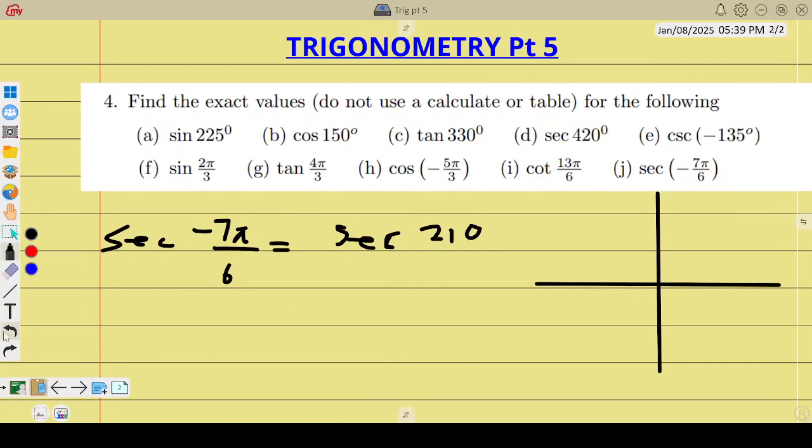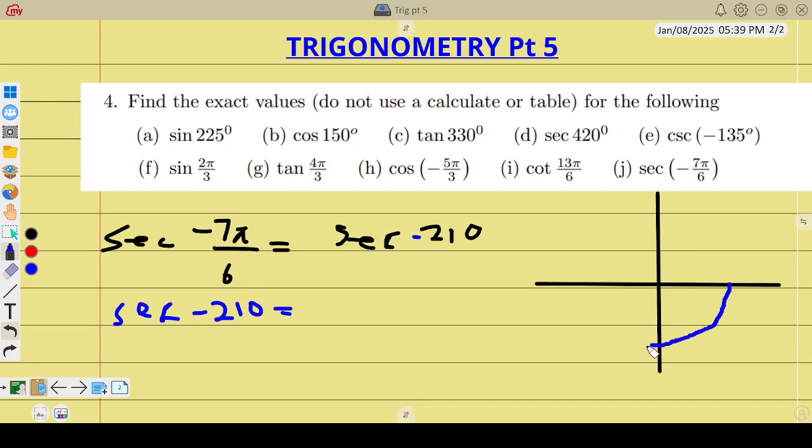So we're simply finding sec 210. Okay, so my handwriting is very bad. What is 210? Oh no, this is negative, so I almost read it wrongly.